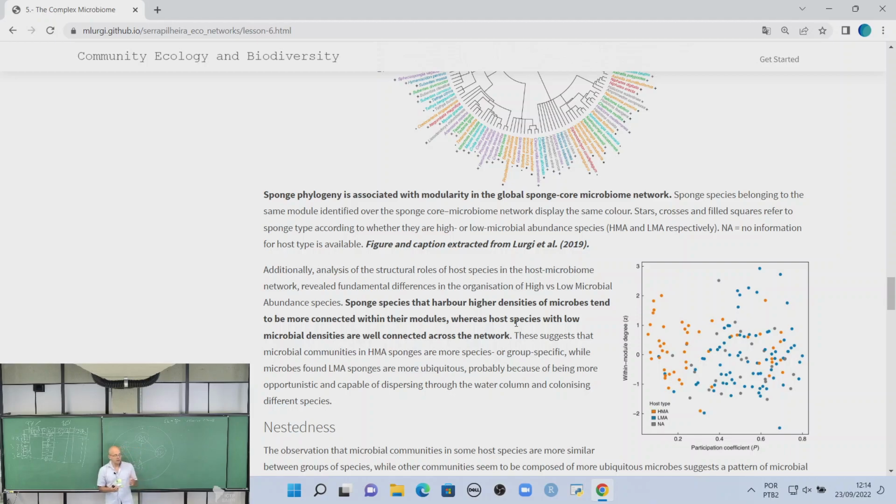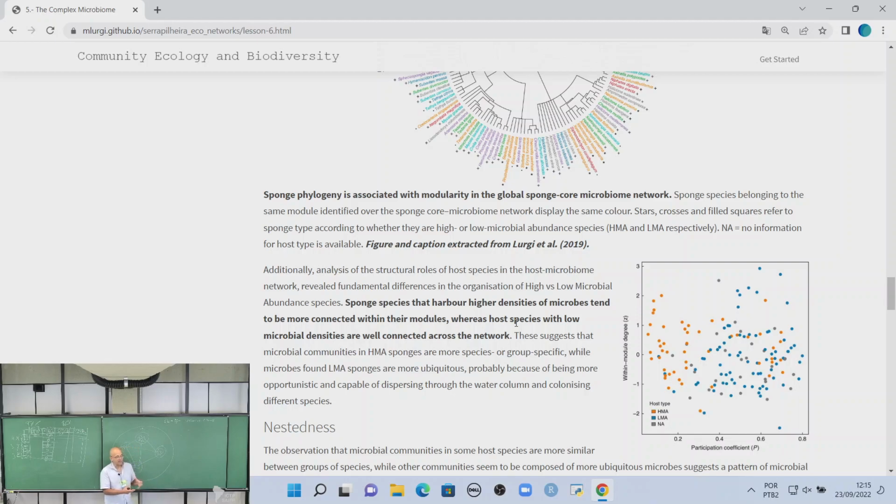And obviously this refers to the fact that one has more density of microbes than the other, but it's also related to different physiological and functional traits, in the sense that high microbial abundance sponges tend to pump less water than the low microbial abundance ones.